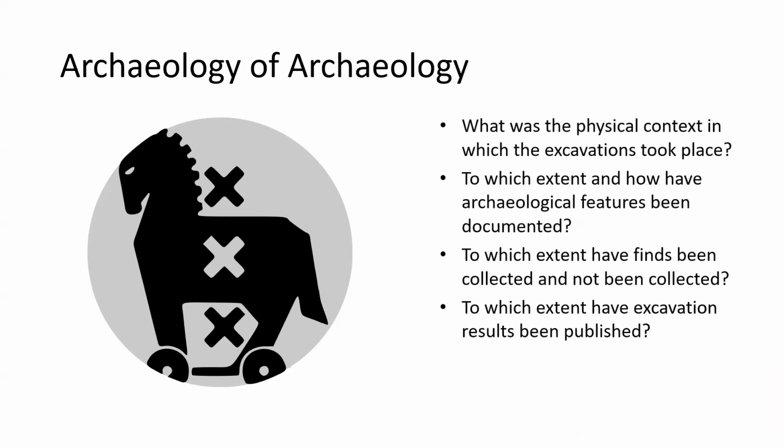What was the physical context in which the excavation took place? So basically the site itself and how it changed. To which extent and how have archaeological features been documented? This refers to the choices that archaeologists in the past made. What did they consider important archaeological finds that needed to be documented and which not?